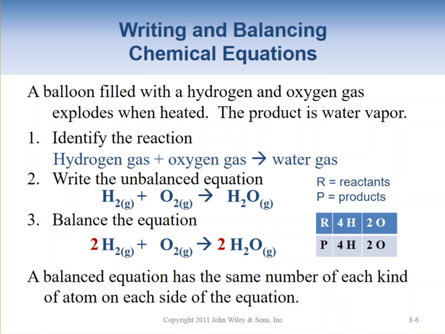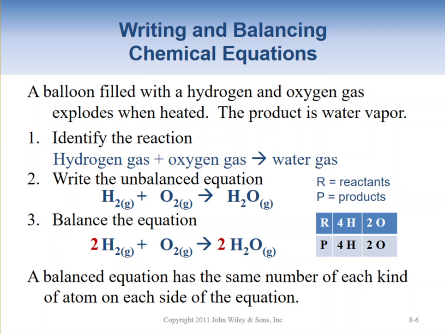One other point: if your balancing coefficient is 1, you don't write it. But if we don't write it, it doesn't mean that it doesn't exist. It's there, we just don't write the number 1. Same as subscripts, when the subscript is 1, we don't write the number 1.